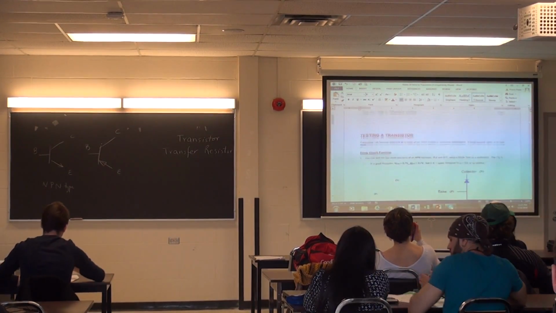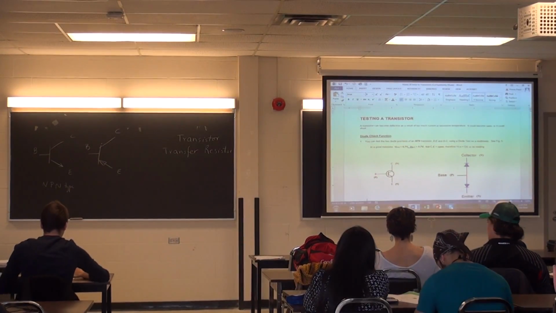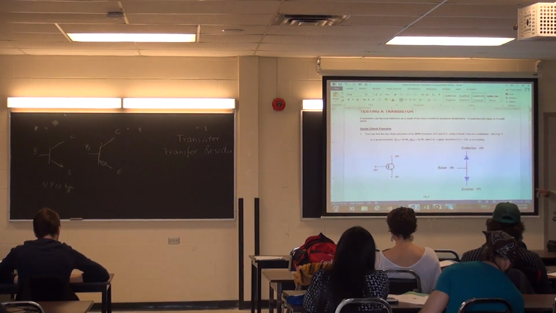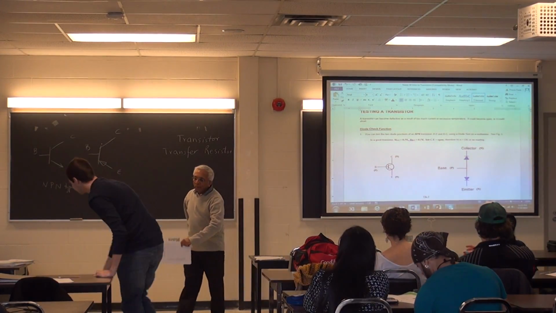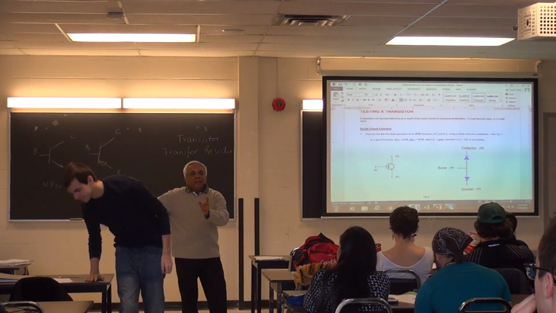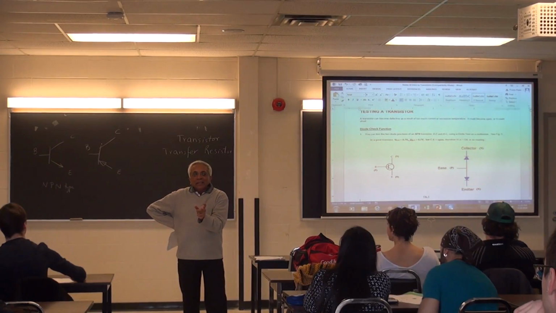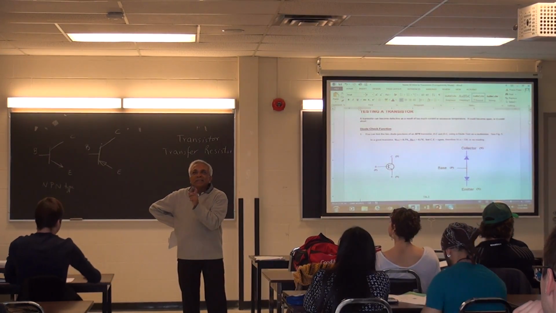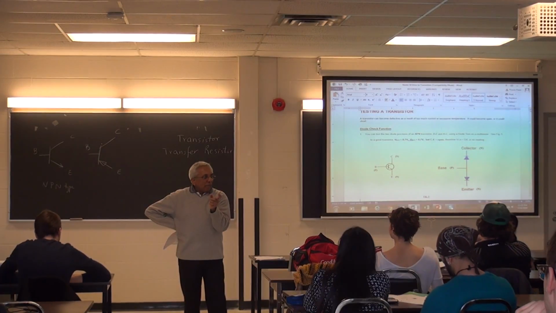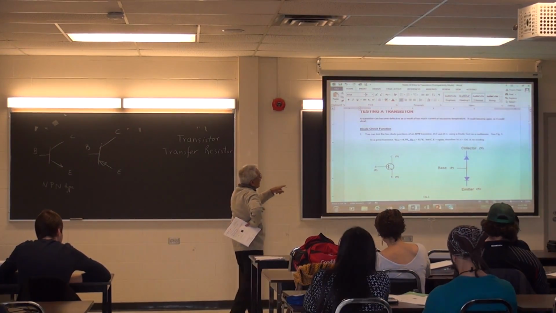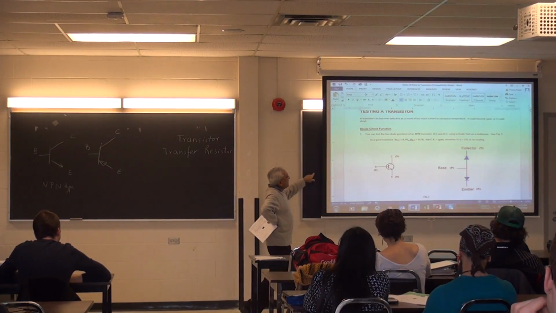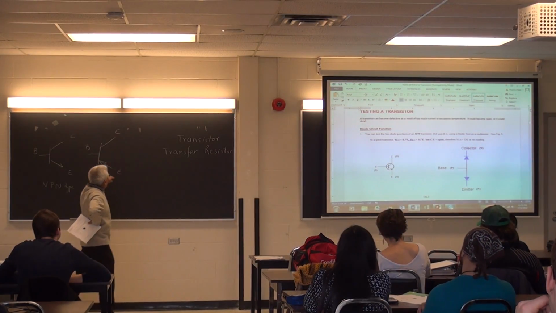Let's say we want to test one of these transistors. Okay? So, one of the things you'll be doing for lab number 7 is to test the transistor as a pre-lab before you come to the lab. And the way you're going to test it is by testing these PN junctions.